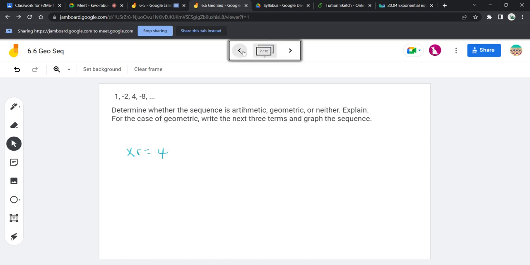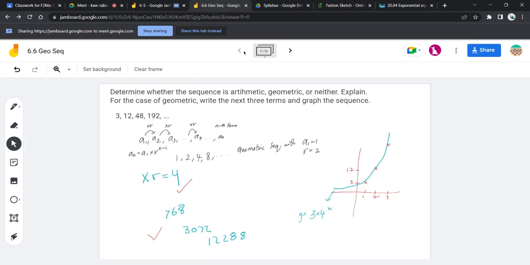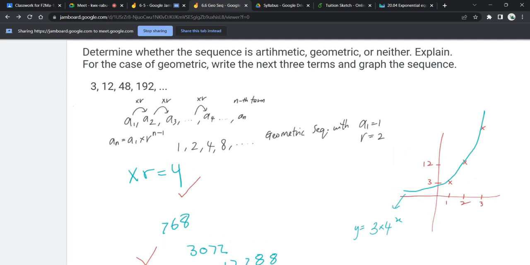Actually, I think there's something on the first slide. Actually, it is r equals to 4. Because this is not the x r, this is multiply. So I use the x to represent multiplication.